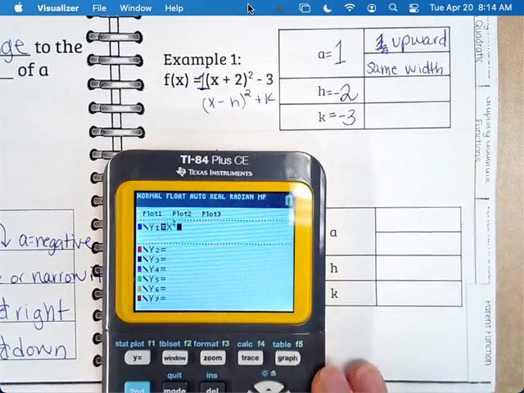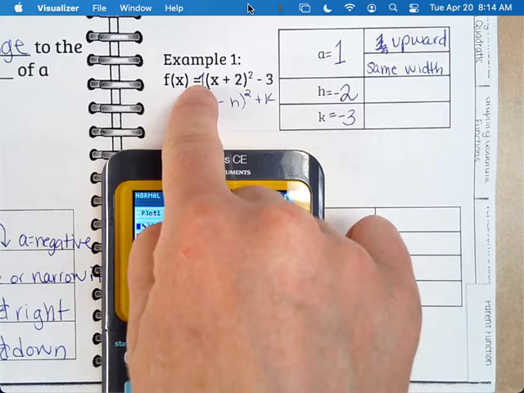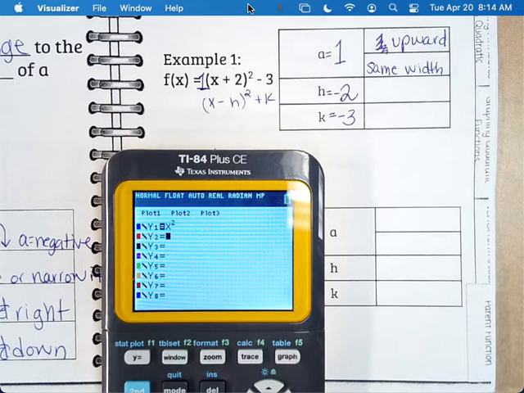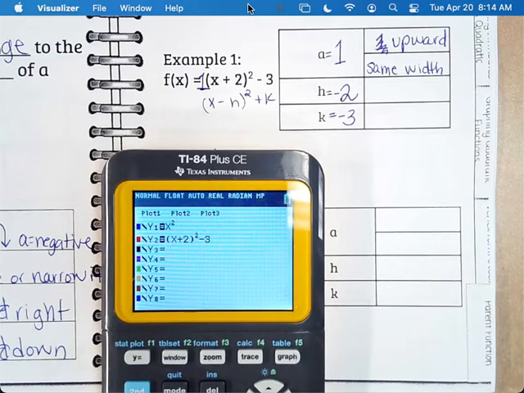Y1 is x squared. And in y2, we are going to put the other one: parentheses x plus 2 squared minus 3.